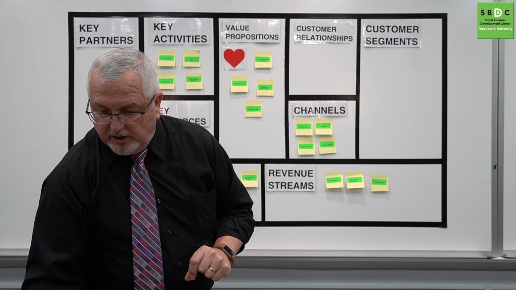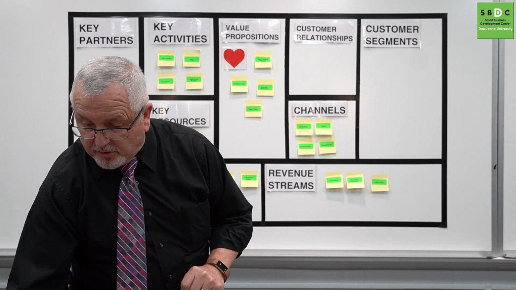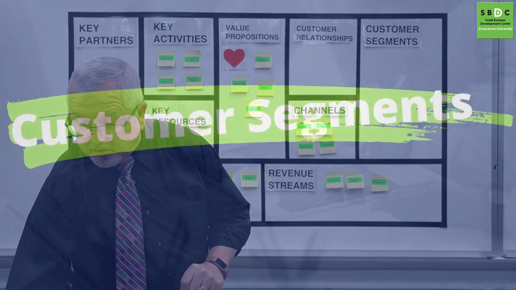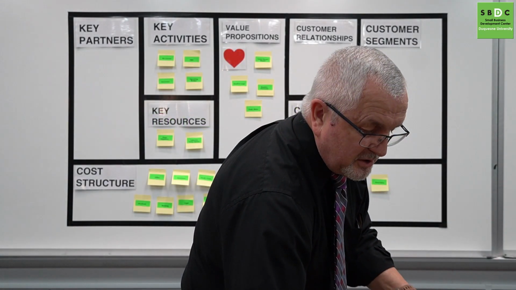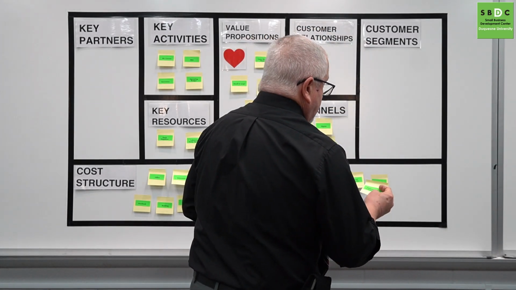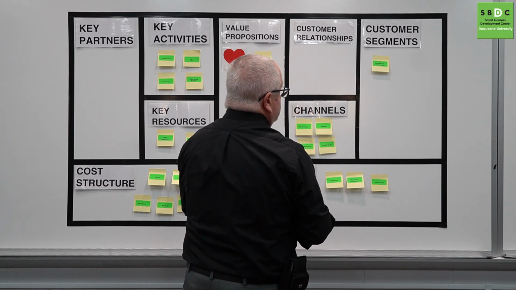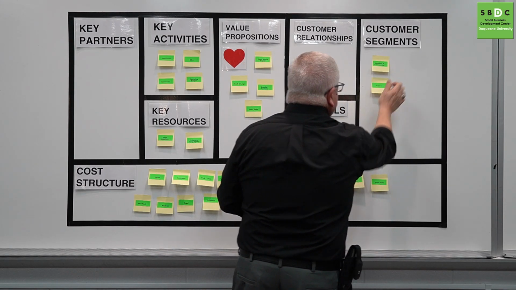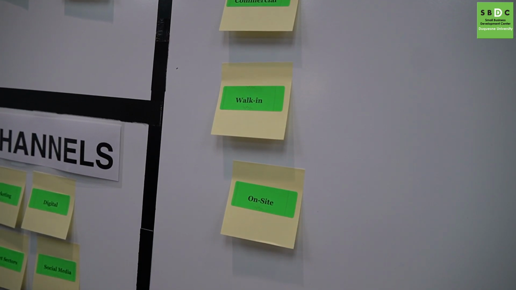And after you're done with your channels, now you're going to talk about your customer segments. Now what we need to discuss here is standard and commercial, your walk-in customers, and maybe even your on-site customers.